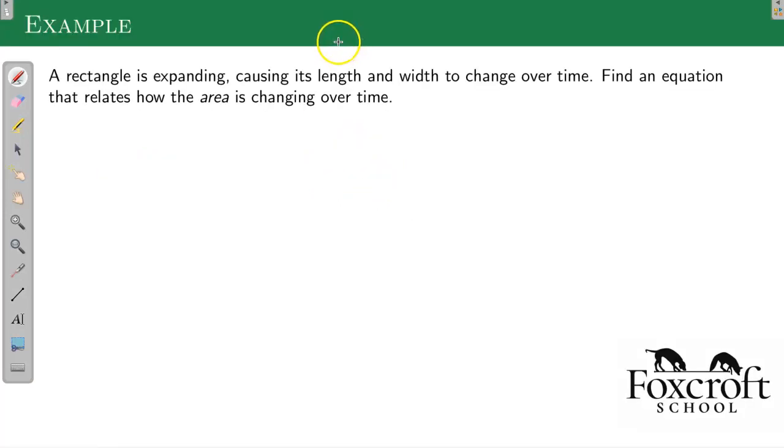In this example, we have the exact same scenario, but now we're talking about how the area is changing. The area of the rectangle is going to be width times height. Now when we take the derivative, we're going to have dA/dt, the change in the area over time. But we have w times h, so you have to remember, whenever we have multiplication, we're going to do the product rule. We keep w the same, and the derivative of h with respect to time is dh/dt.